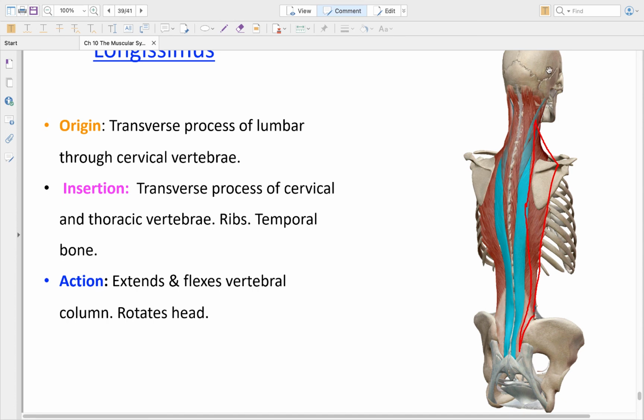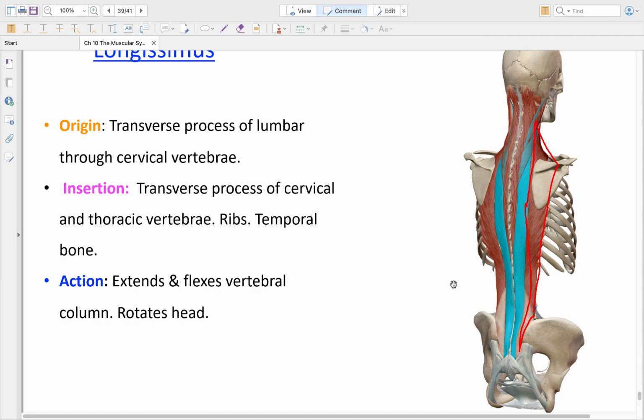And then it's going to insert at the transverse process of the cervical and thoracic vertebrae.